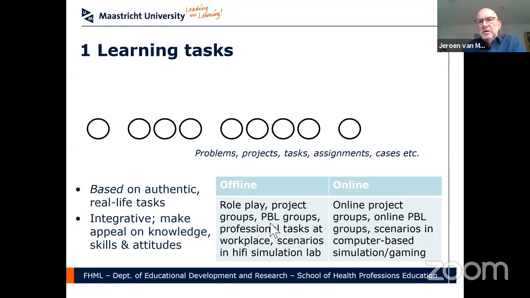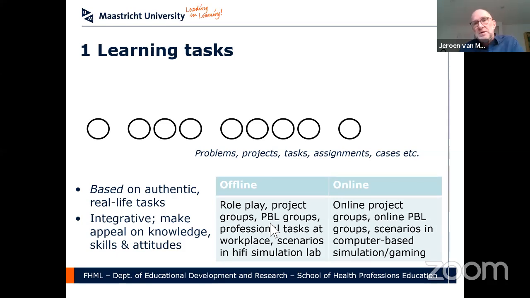The online equivalents are the online project group or an online PBL group, or scenarios that students work on in a computer-based simulation or gaming environment. So in terms of learning, the environments are fully comparable. They allow students to work on the learning tasks, often in a simulated setting.